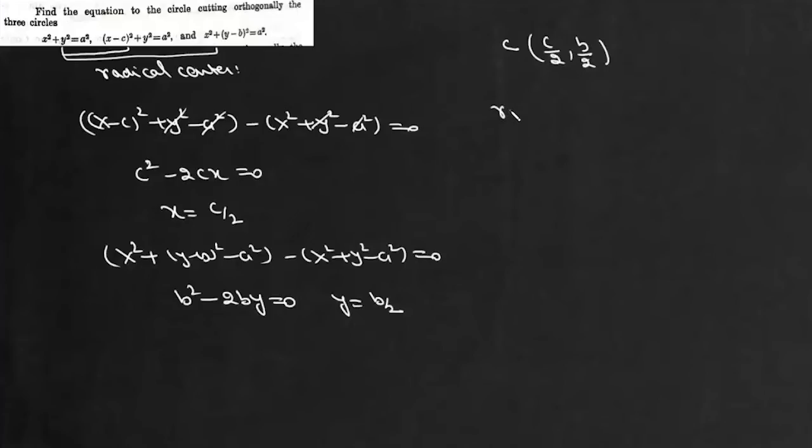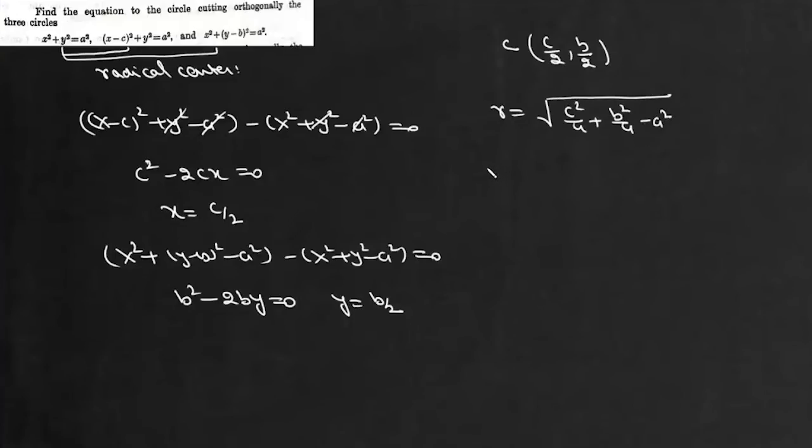Now the radius of this circle is equal to the length of the tangent from this center to any circle. So this radius will be under root of, now we'll put it here, c square by 4 plus b square by 4 minus a square.